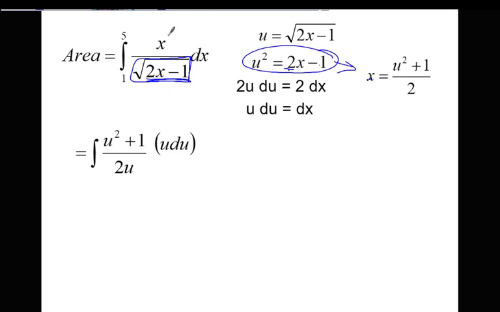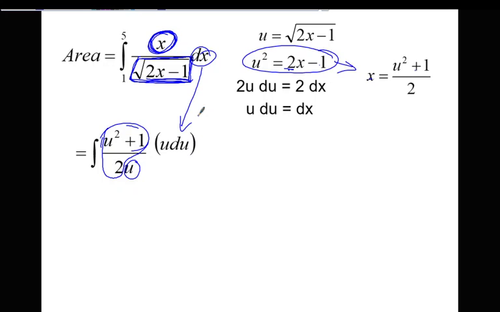Because what's going to end up happening is I need to substitute in this x, because all of this is now u. And I got this in terms of u. So this is one of those special integration by substitution problems. And once I plug in x as this, see this right here, this is the x. And when I plug in u for this in the bottom, there's that u in the bottom. And then dx is u du.